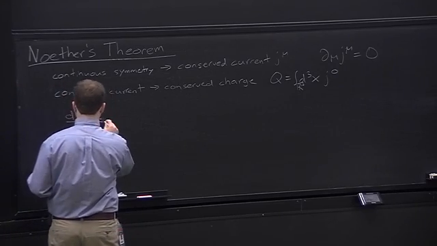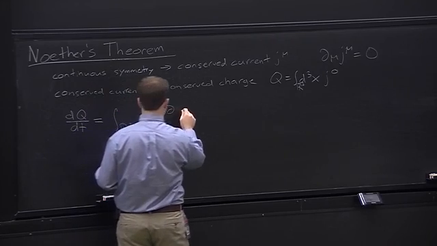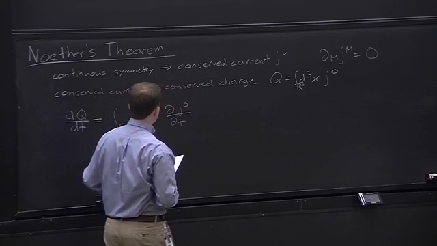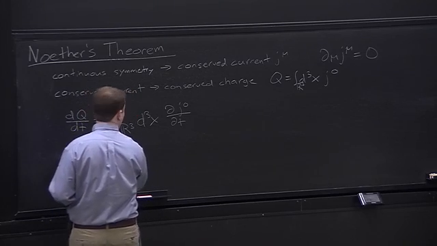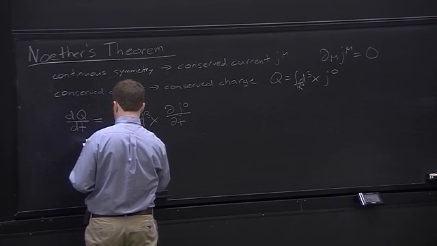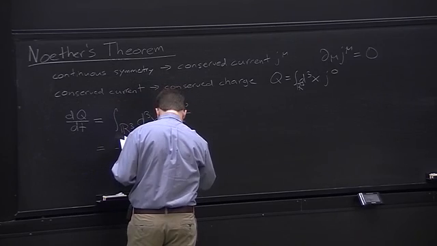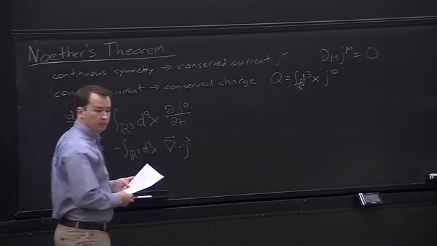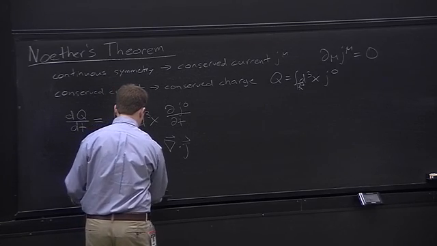If we just plug in the definition, dQ/dt is the integral of ∂J^0/∂t, which, using the conservation equation, is minus the integral of the divergence of J. That's using the conservation equation.